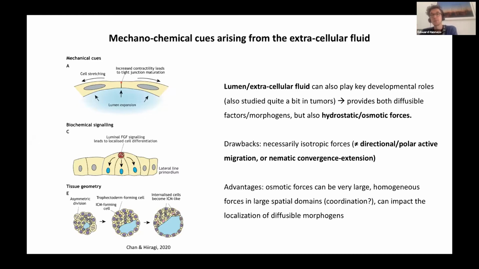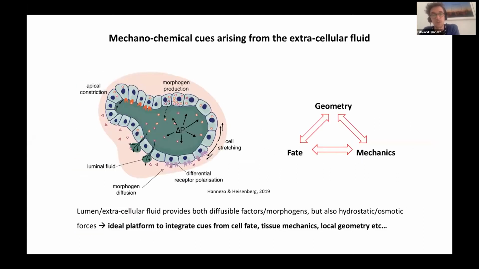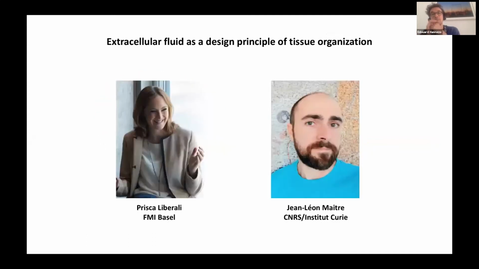And because it can also transport a lot of things like diffusible signals and morphogens, in that sense, it could be an ideal platform to integrate cues from morphogens, tissue mechanics, local geometry, etc. And so both of the speakers today will talk about some aspects of extracellular fluid, in particular, and fluid forces as a design principle of tissue organization.